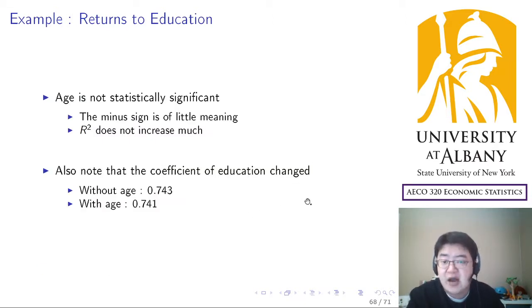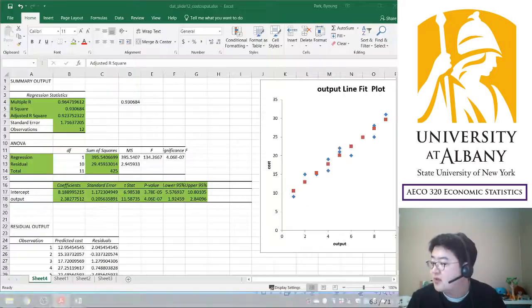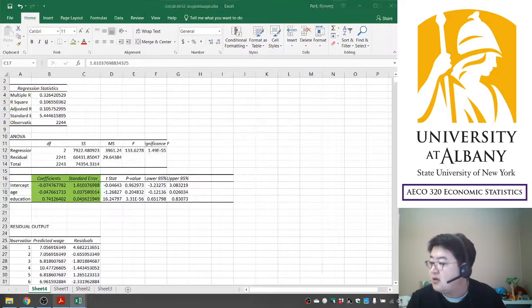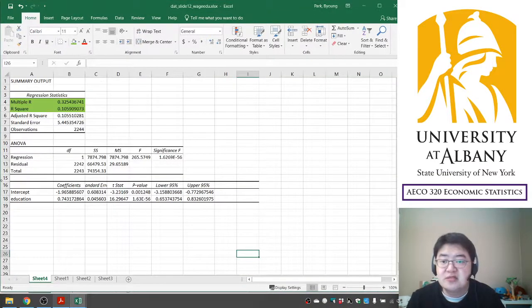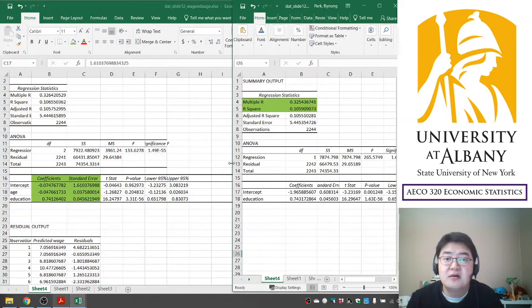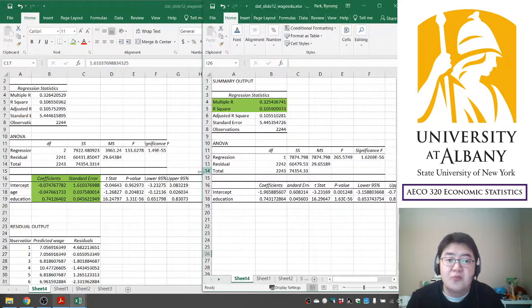And let's see the changes between this and the previous result. Let me compare two results side by side.